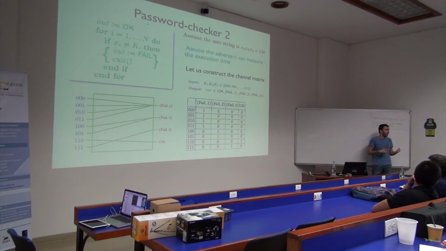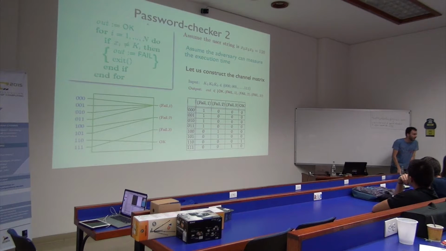In this password example, there is a clear correlation between the time it failed and the byte we consider for the password. So we have quite a clear intuition about what could be an algorithm to find the password.